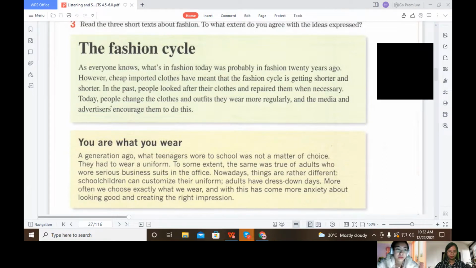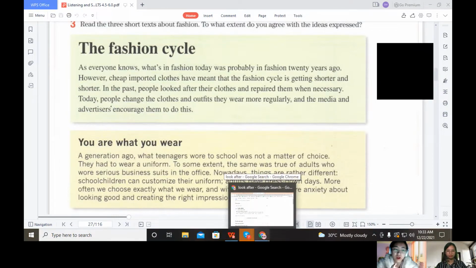But nowadays people just wear the clothes or outfits one or two times, and besides, I think the quality of the clothes today is more durable than in the past.